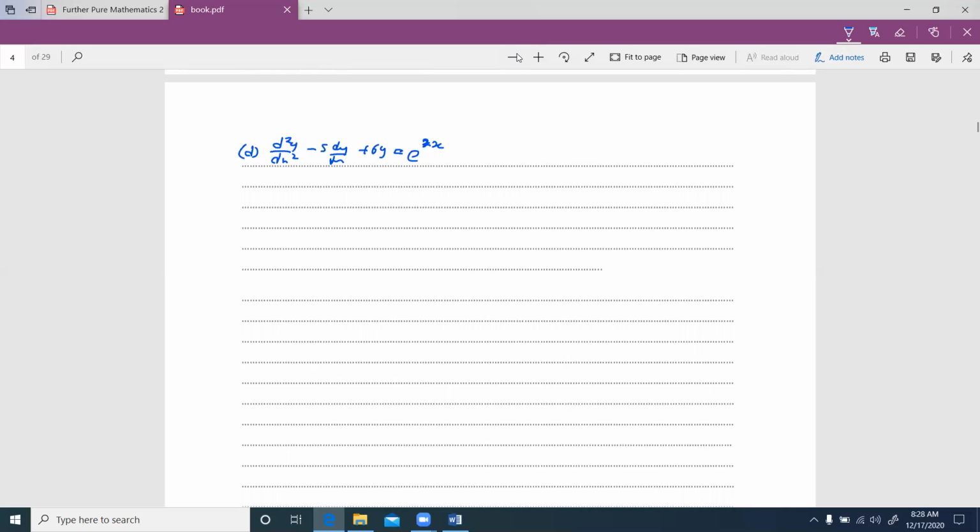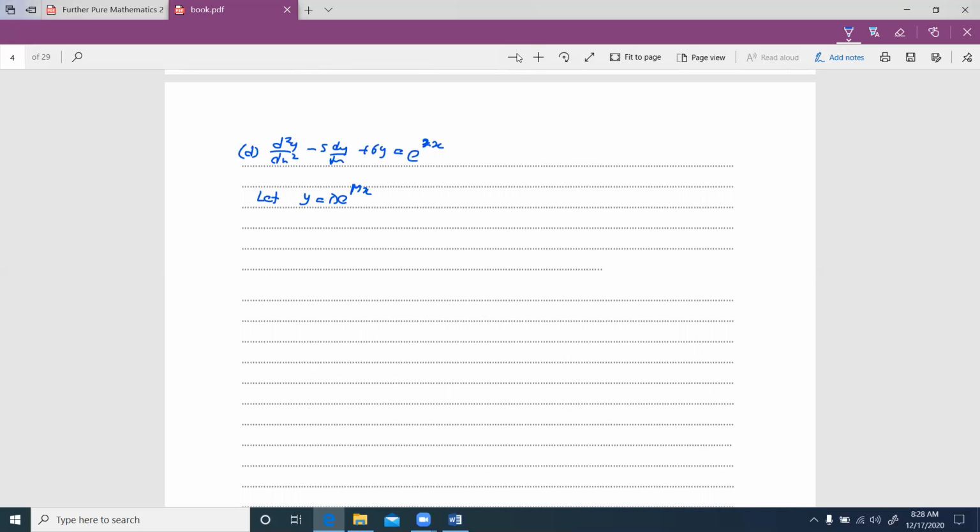Initially we will get the particular integral, y equals lambda e to the power mu x. That's the format we use to get the value for that, right?